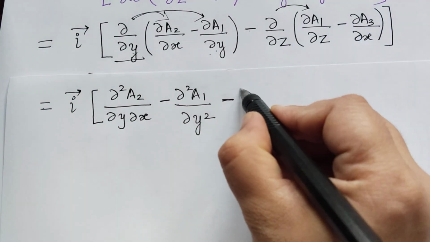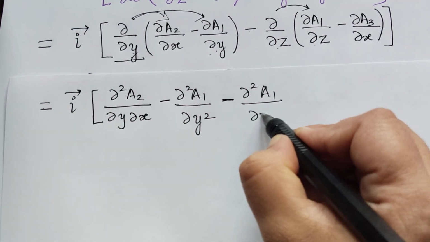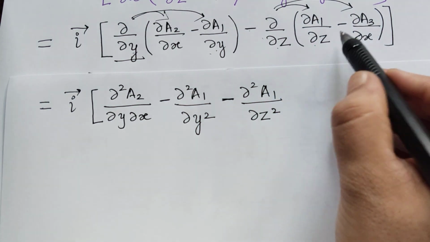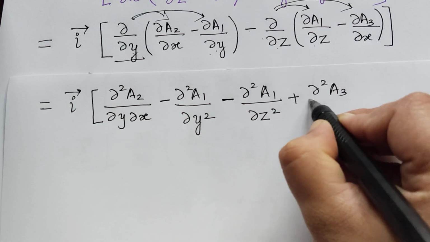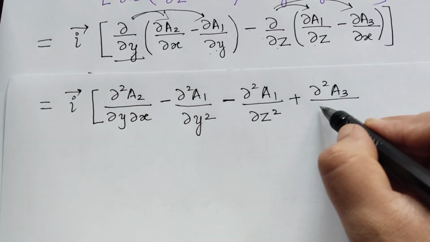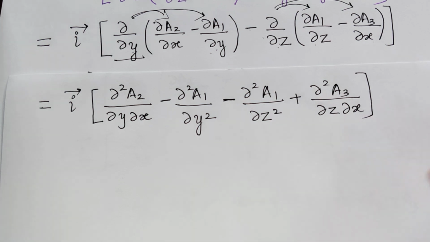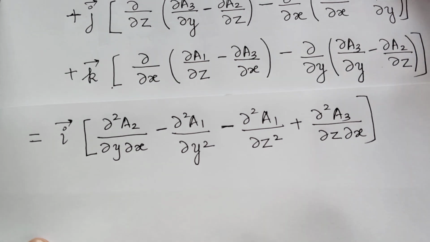So what will happen here? Dou square a1 by dou z square, and then this and this. So it will be minus into minus will become plus dou square a3 by dou z dou x. So this is for the ith component. In a similar manner, we will do for the jth component and kth component as well.